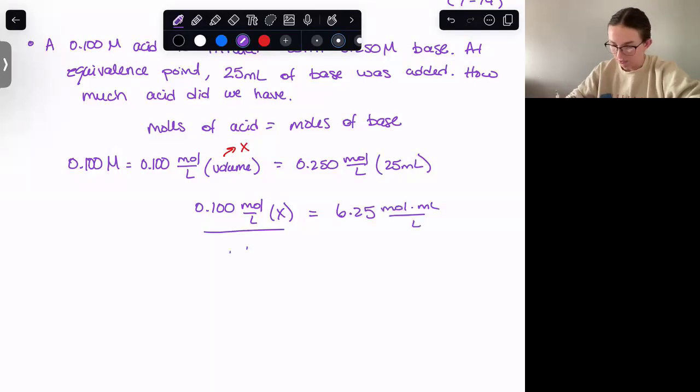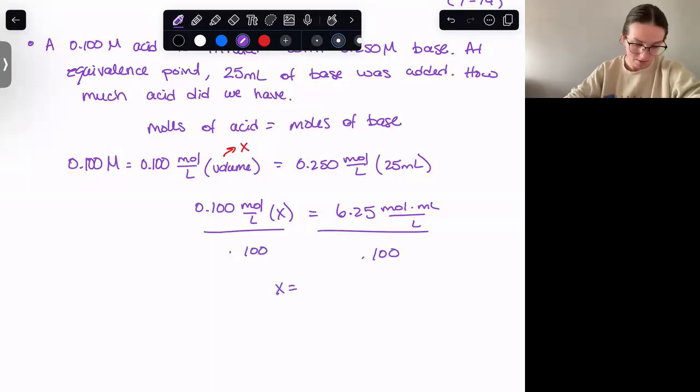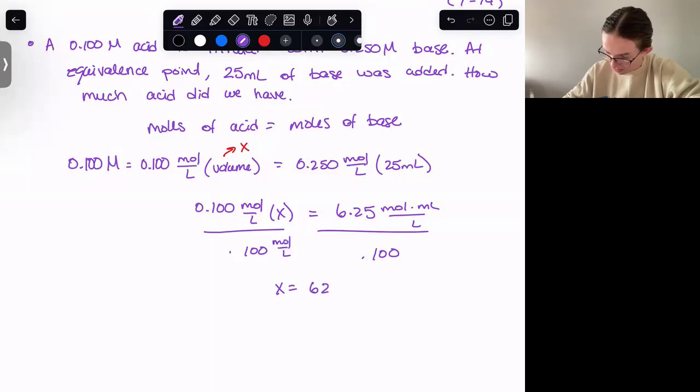We can divide by 0.1 on both sides. And we are left with x equal to 62.5 milliliters. And in this case, our moles over liters would cancel out and we're just left with milliliters.